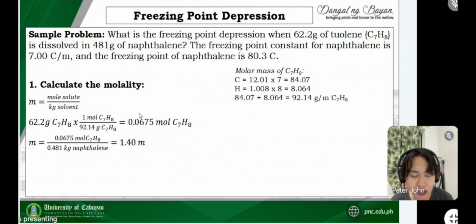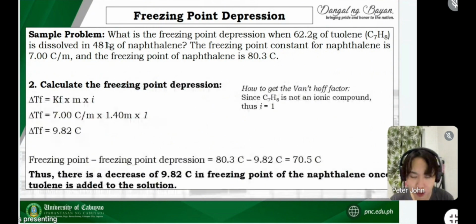So, all we need to do is, as you can see, the unit of our solvent is in grams. So syempre, ang una muna natin gagawin is to convert these grams into kilogram. We can use the typical way of conversion. Pwede natin siyang gamitan ng movement of a decimal point lang.